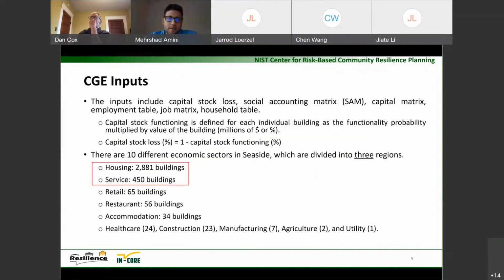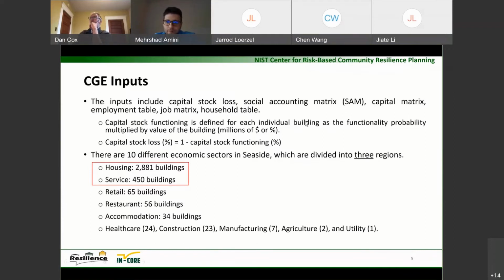So in the CGE modeling in INCORE, we have some defined inputs, which include the capital stock loss, which, as I mentioned, is a kind of direct damage and loss, the social accounting matrix, capital matrix, employment, job, and household data.